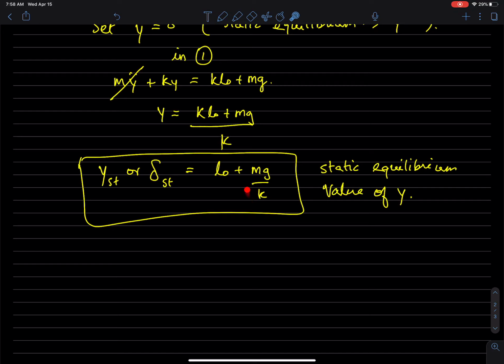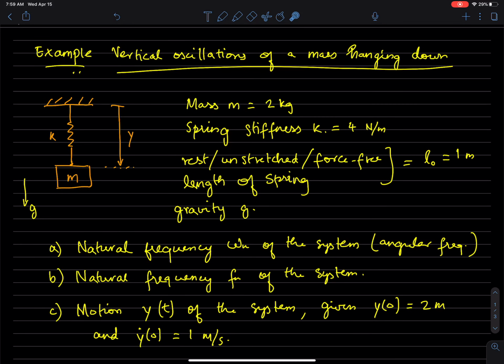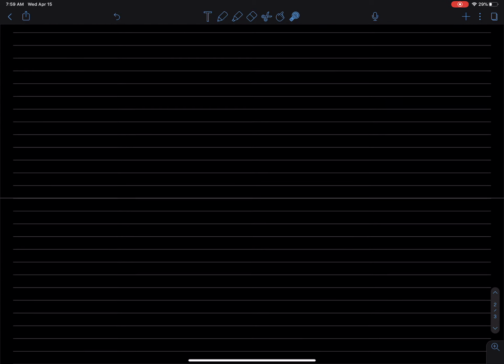So this is the spring stretch. This is the initial or unstretched length of the spring. So y itself, which is the total length of the spring, is going to be L naught plus mg over k. So that's basically what we have derived. It's the initial length, or not initial, the equilibrium length of the spring in the absence of any motion for the system. Okay, so that's the equilibrium length.